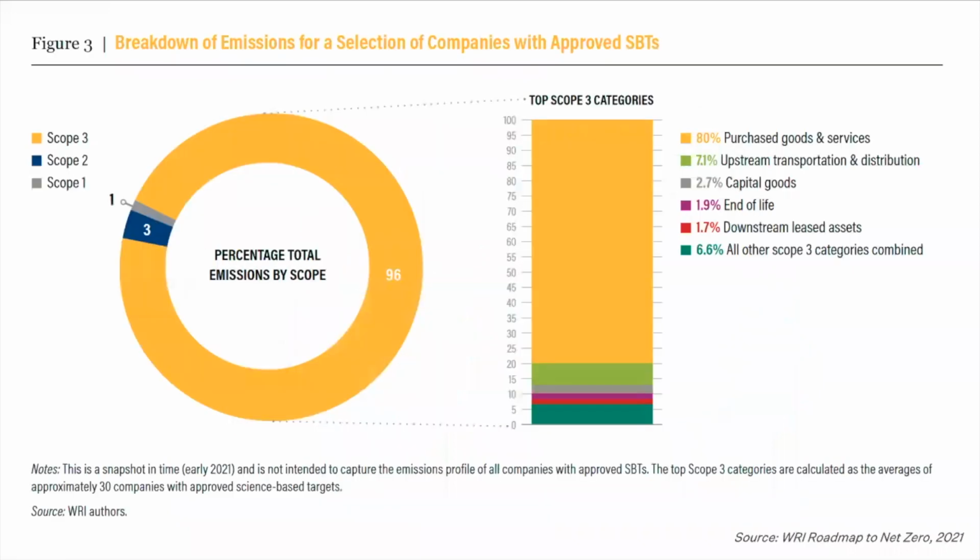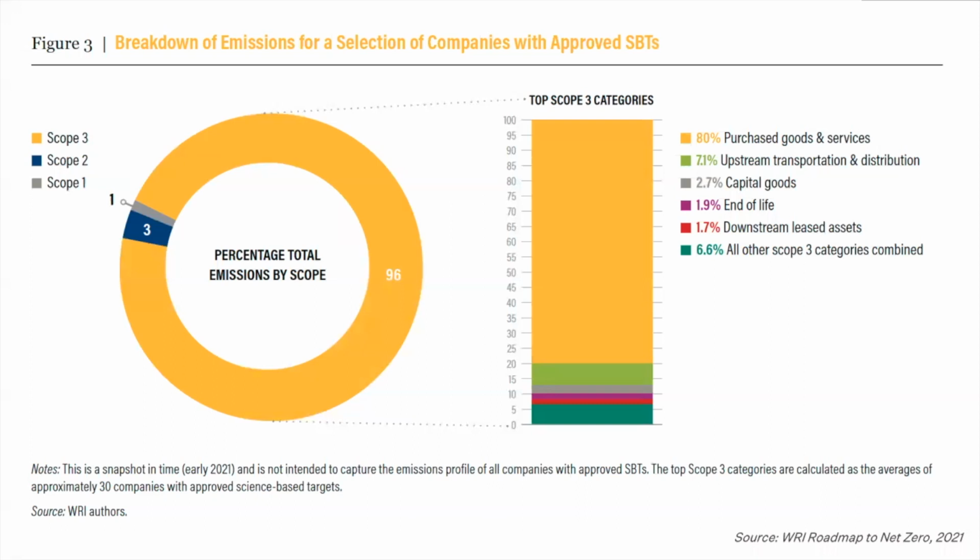And as you can imagine, for the apparel and textile sector and for the outdoor industry specifically, scope 3 is where the vast majority of impacts for the businesses in our industry are occurring.